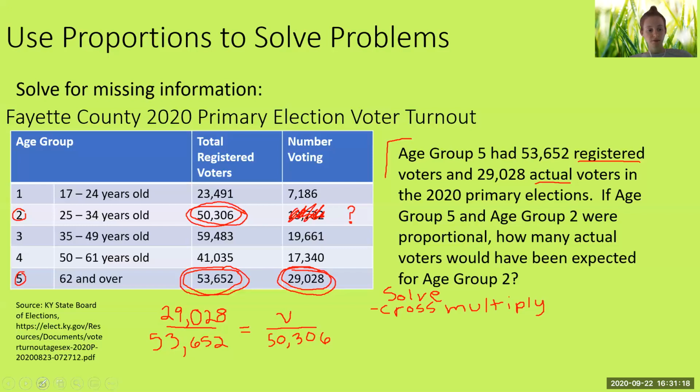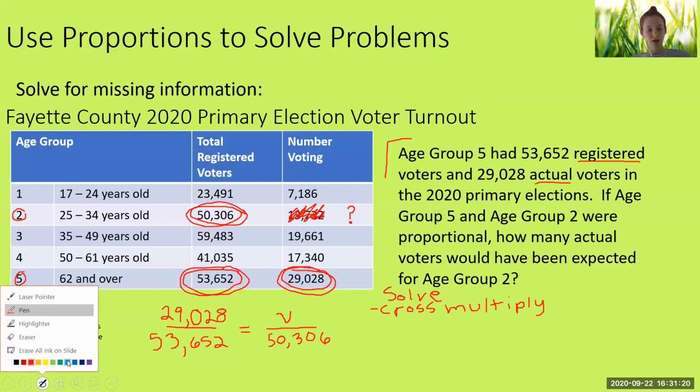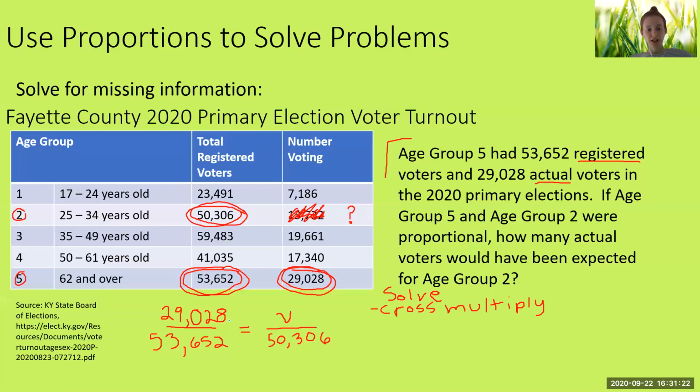So we're going to say that 29,028 times 50,306 is going to need to be equal to 53,652 times whatever V is. I'm going to write out that multiplication. I really should have given myself more room on this slide. Oh well. So I hope you have your pencil and paper with you and you've given yourself plenty of space to write this out.